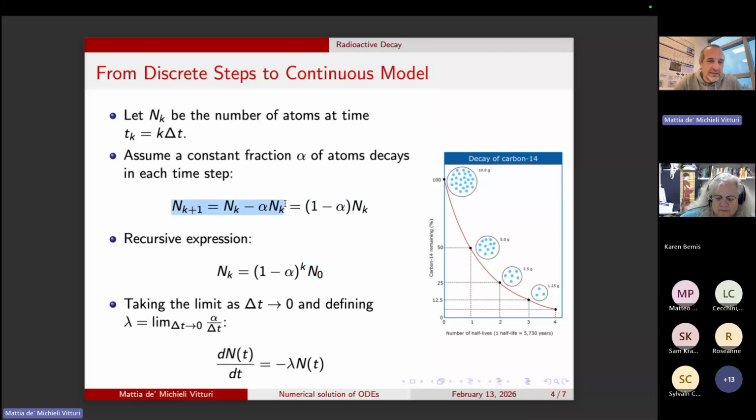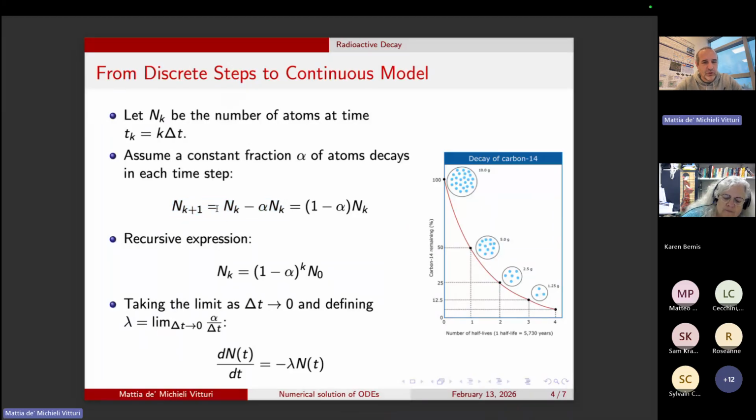As I said, an ordinary differential equation expresses the rate of change. The change means that we are looking at the difference between the new value and the old value. Can you see when I highlight the text here? Yep. Okay.